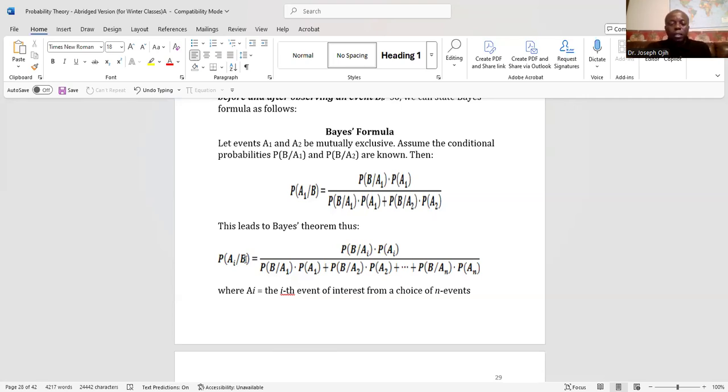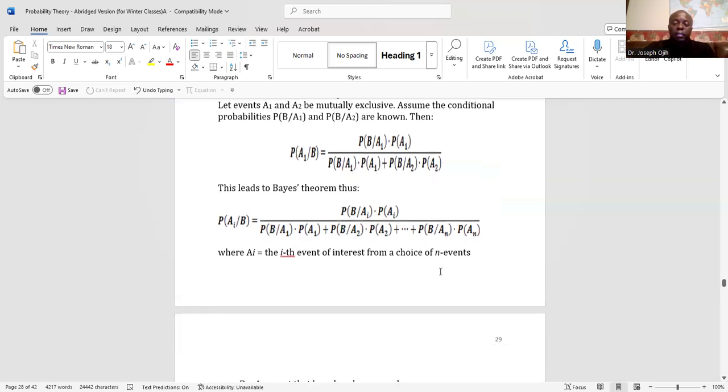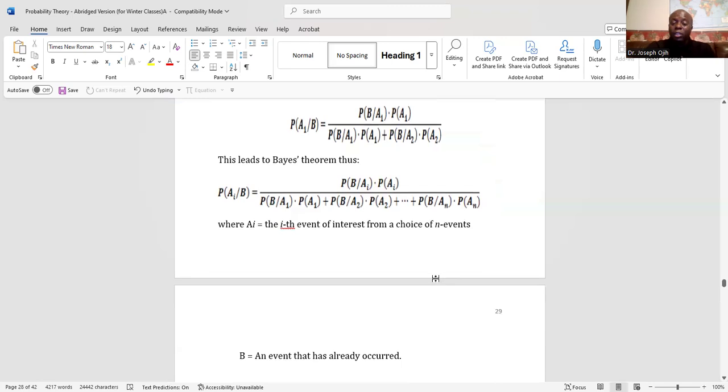So it is the probability of B given Ai times the probability of Ai, over P of B given A1 times the probability of A1 for the first event, plus P of B given A2 times the probability of A2 for the second event, continuing on to the last event, P of B given An times the probability of An, where B is an event that has already occurred, and Ai is the event of interest from a choice of n events.